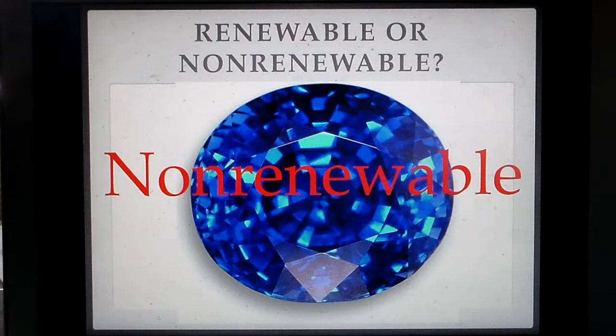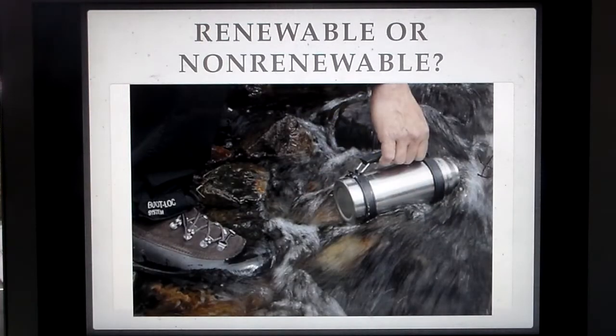They take a very long time, millions of years for the earth to make, because gemstones are technically a type of rock or mineral, so they take an incredibly long amount of time for the earth to make naturally. Now, for those of you who are like, but we can make them in a lab, yes, that is true. We can make synthetic diamonds and rubies and gemstones, but in this case, we're talking about the naturally occurring ones, and they are non-renewable.